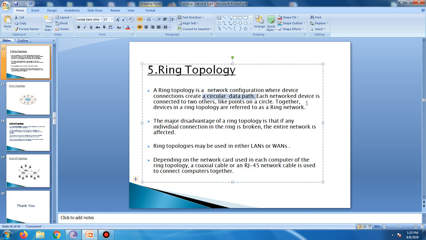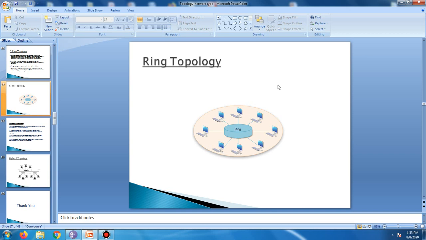Together, devices in a ring topology are referred to as a ring network. In the diagram, a ring topology connects several devices in a ring pattern.